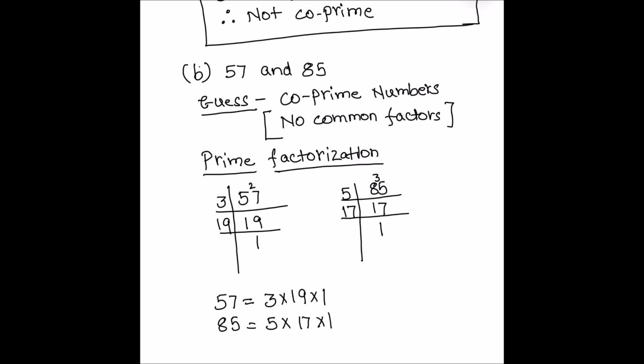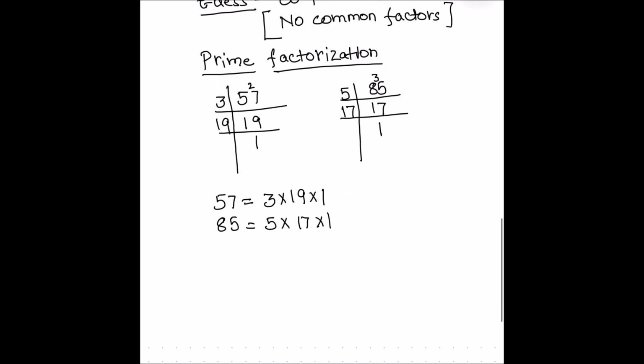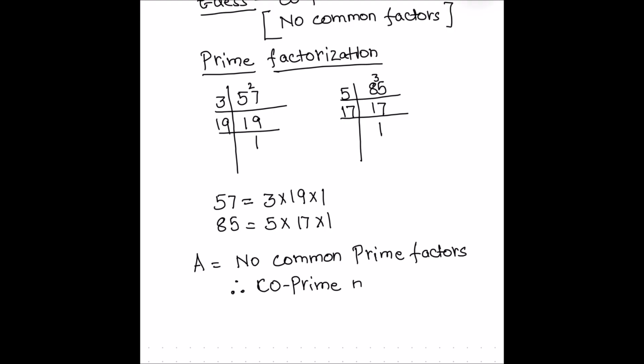So now we see that there are no common factors except number 1. So these are co-prime numbers. So let's write the answer. No common prime factors, therefore co-prime numbers. The final answer for B.